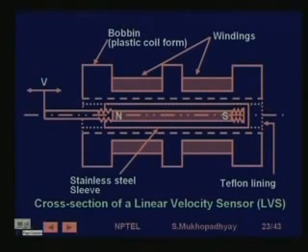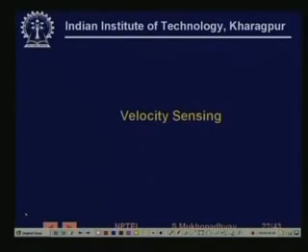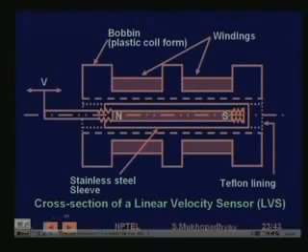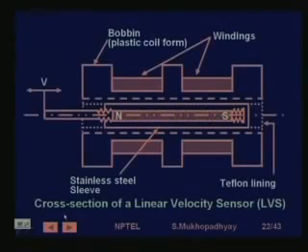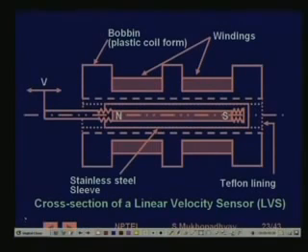This is what I was saying, a linear velocity sensor. Again, it's much like the LVDT, except that now there are two coils. As this moves, this is a linear velocity sensor.